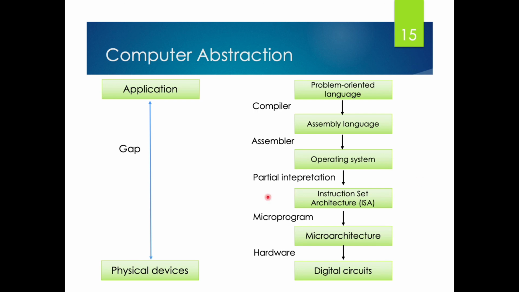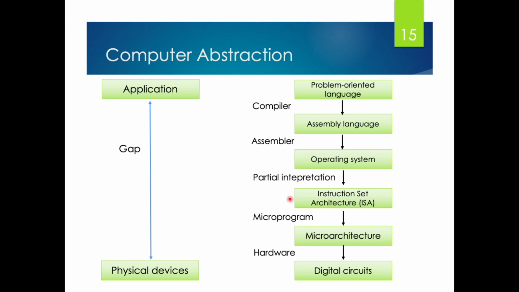Okay, so you are developers, you will be developers, so you will study these layers. That means the higher layers: the instruction set architecture, the operating system, the assembly language, and the high-level language. In this course, we'll focus on assembly language and the instruction set architecture.